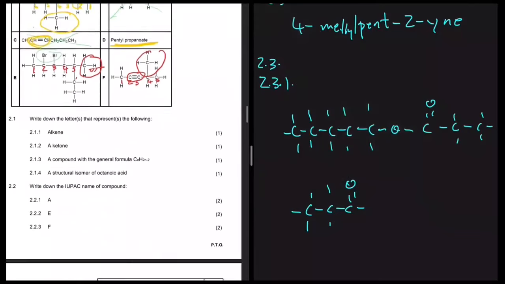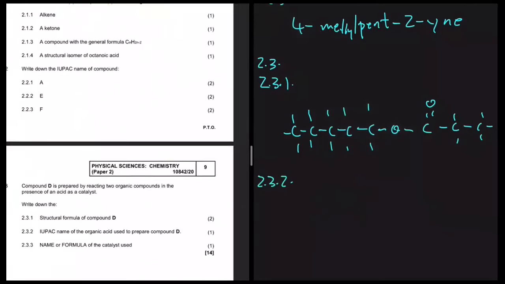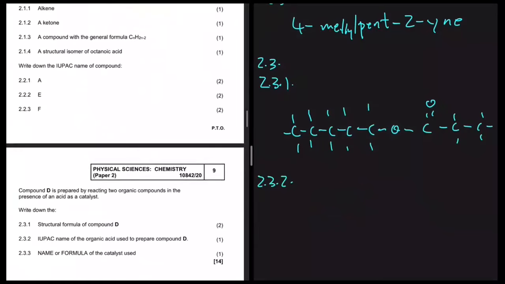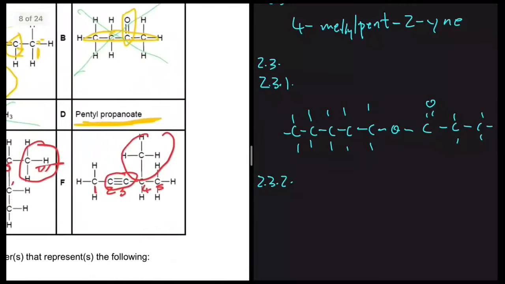Now let's do 2.3.2. 2.3.2 says the IUPAC name of the organic acid used to prepare compound D. Yeah, we went through it, right? I said that the last part comes from the acid and the first part comes from the alcohol. It is saying prop, so we know that the acid that was used there should be propanoic acid, right?